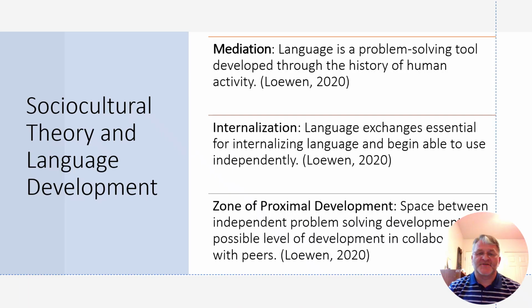Another theory touched on in this class, which I found similarities to Krashen's thought process but also some divergences from it, is Vygotsky's sociocultural theory and its three stages of mediation, internalization, and the zone of proximal development.